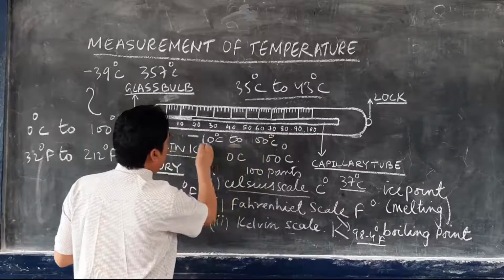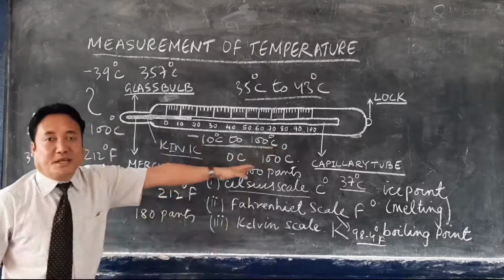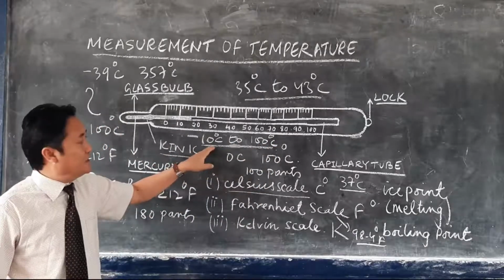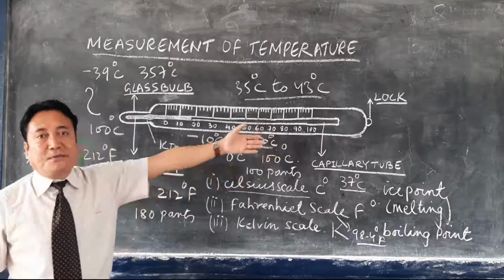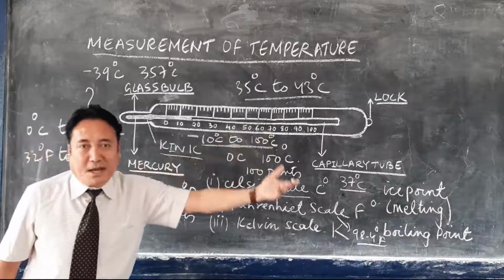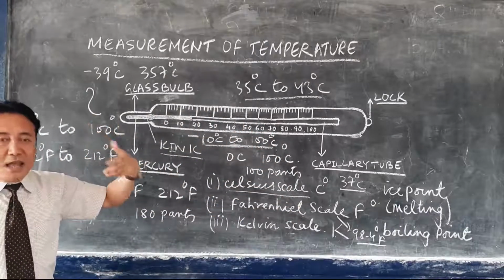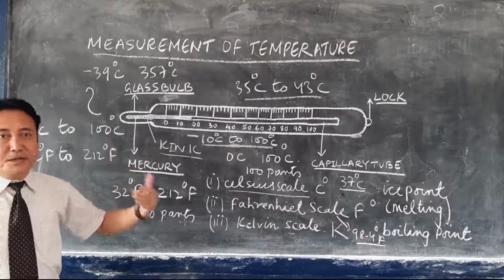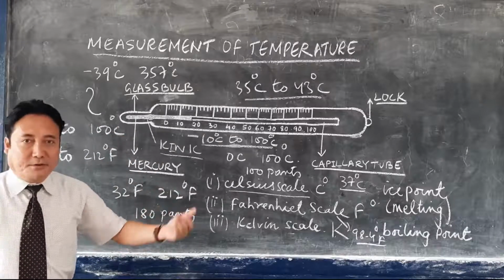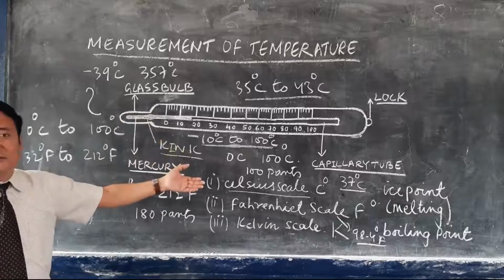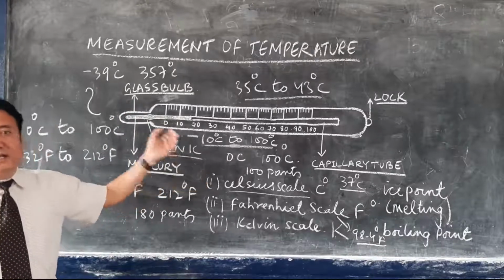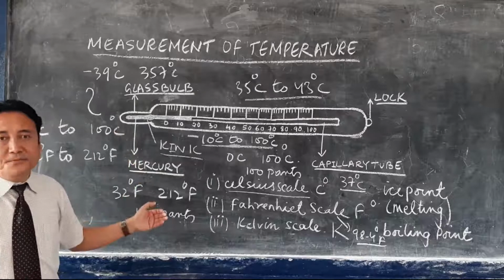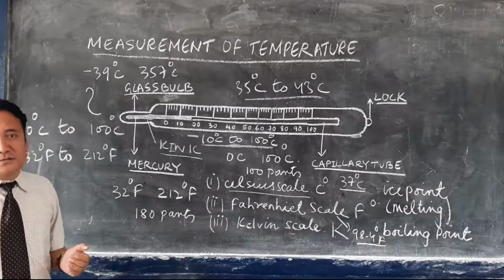These are kept in different labs in order to find the temperature of a particular place or room. So there are three different kinds of thermometer: the clinical thermometer, the digital thermometer, and the laboratory thermometer.